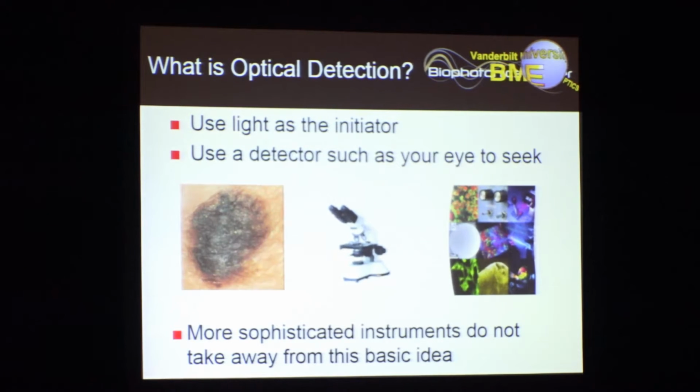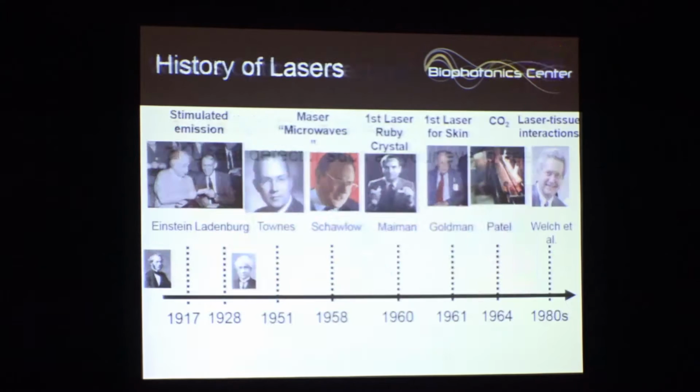Or you can go one step further and use a microscope. When we use more sophisticated detector technologies, we're essentially doing the same thing. We're looking for things that the eye can't quite see, but that guide the doctors to help diagnose or detect and see what's going on.